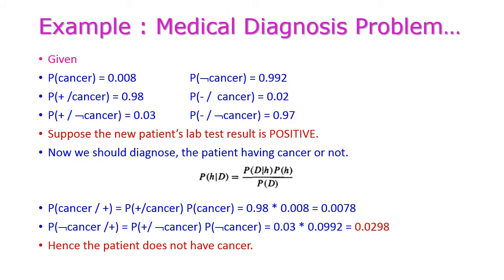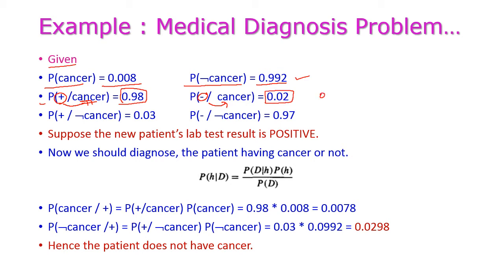From the given data, P of cancer, that is the probability of people who have cancer, is 0.008, and P of not cancer is 0.992. That is, from the entire population, the people who do not have cancer is 0.992, right? And second, P of plus given cancer, that is the test result is positive when cancer is true, is equal to 0.98, and the test result is negative when cancer is true, is equal to 0.02.